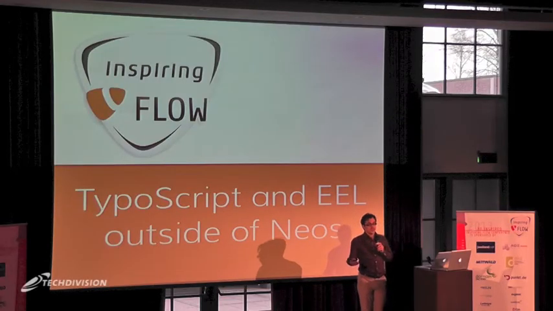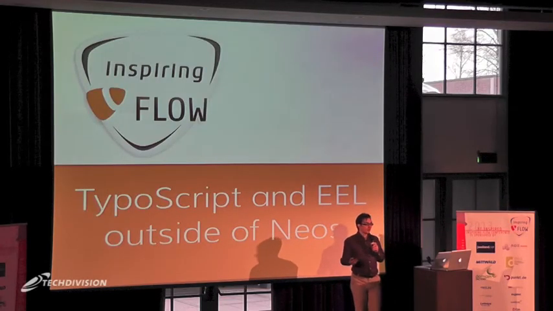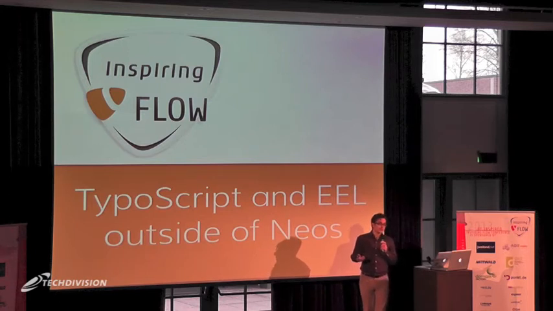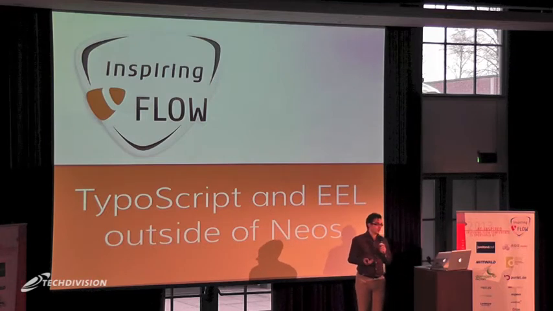NEOS needed some technologies that Flow doesn't bring itself. And obviously TypoScript is something known in the Typo3 world, so we wanted to have something like TypoScript in NEOS too.